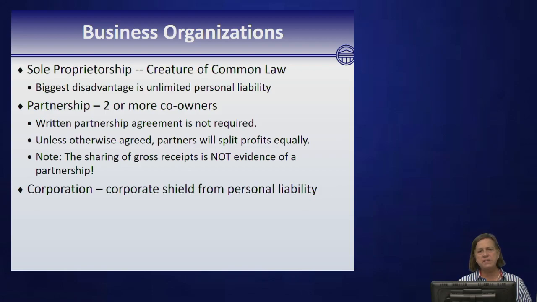A written partnership agreement is not required, and unless otherwise agreed, partners split profits equally. And note, the sharing of gross receipts is not evidence of a partnership. And then a regular C Corp provides the corporate shield from personal liability, and you need to remember that.